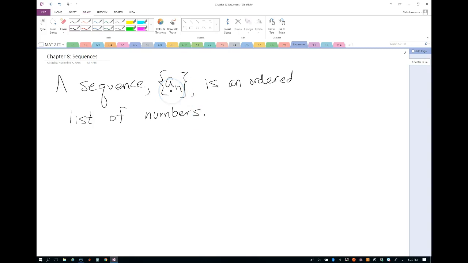The curly braces in that notation represent the fact that we're creating an entire set of numbers. And A is just the name for this sequence. The subscript n is called the index, and it tells us what term of the sequence we're talking about.